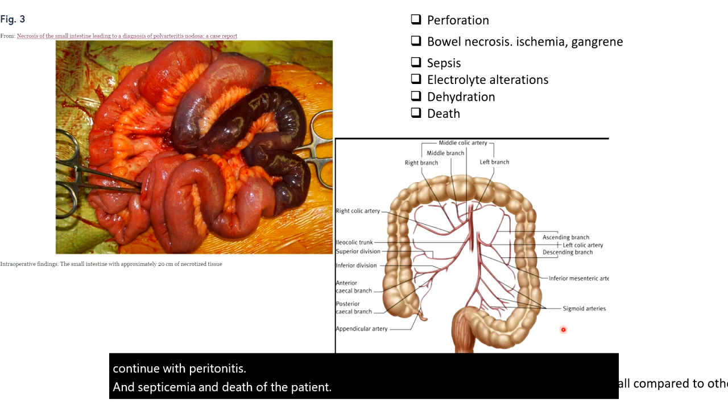Usually the zones where we are going to see the necrosis of the large intestine due to ischemic problems are the splenic flexure and the sigmoid portion. Also, watershed zones are located in the hepatic flexure, but the most common one between the two is going to be the splenic flexure.